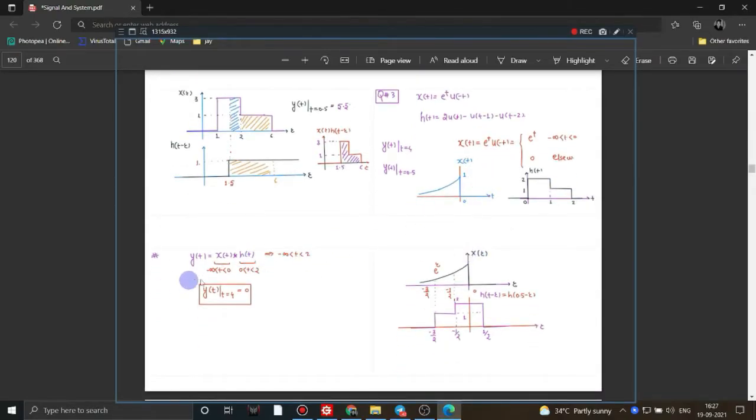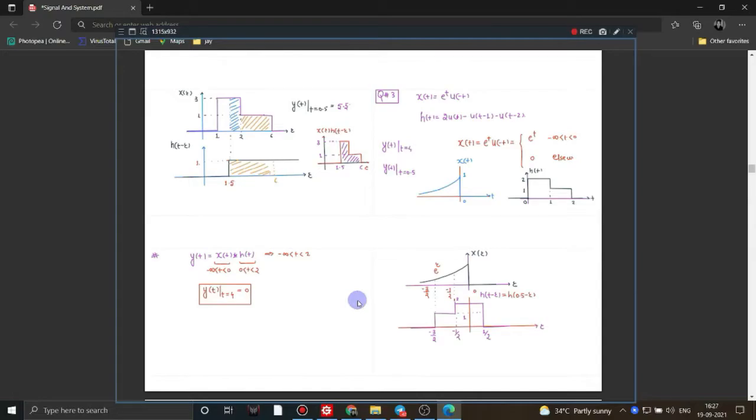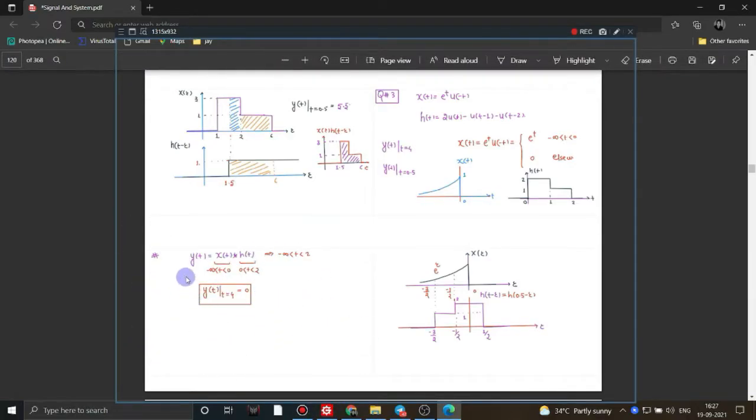Now if we take the convolution of both of these, the main thing in convolution is that to find a convolution, both x(t) and h(t) must have some common time period. If they don't, then we cannot find the convolution, the function y(t).